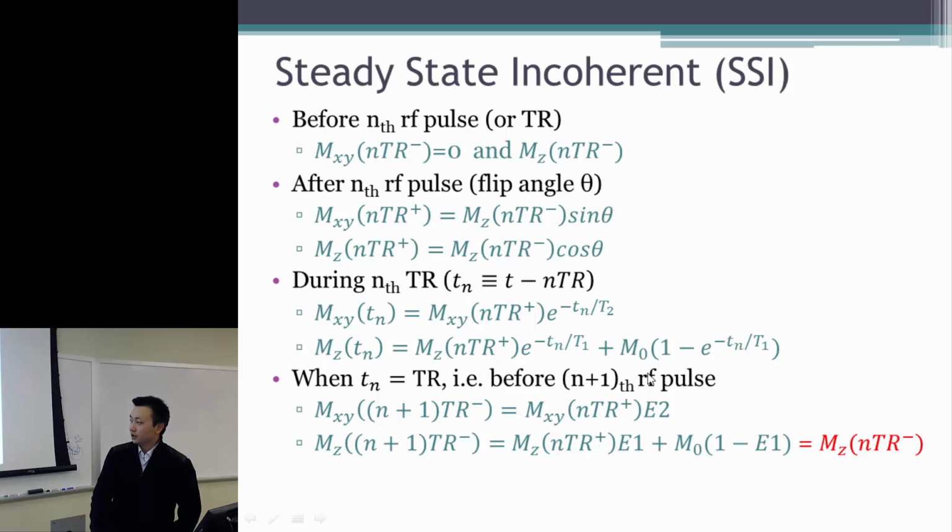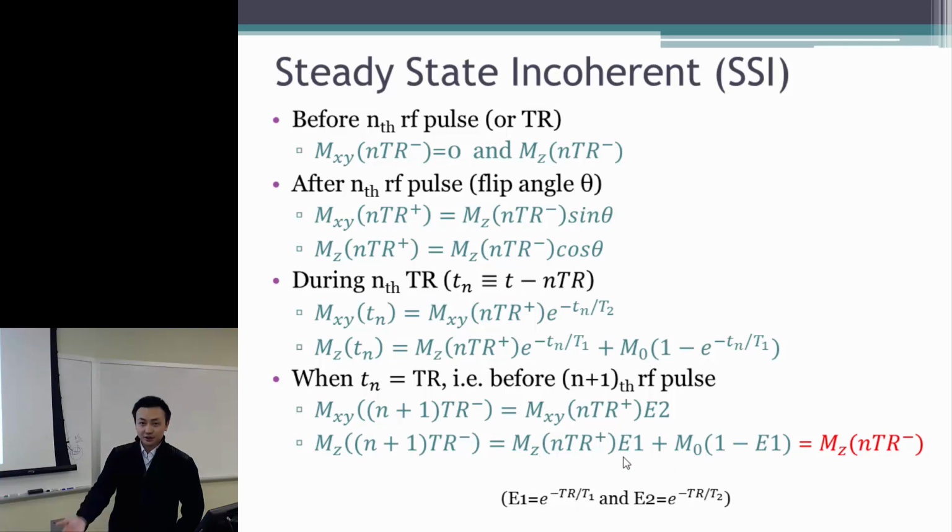At the end of this repetition, the transverse magnetization would have decayed according to this E2 term, and the longitudinal magnetization would have recovered by this much, according to the E1 term, which is correlated with the TR.